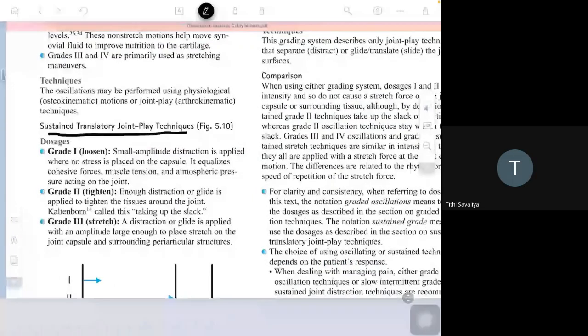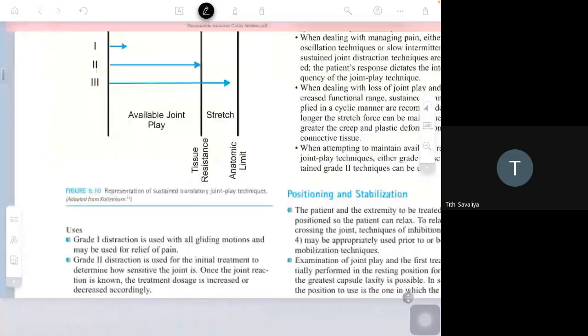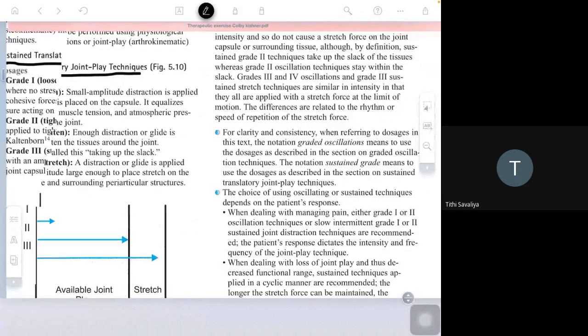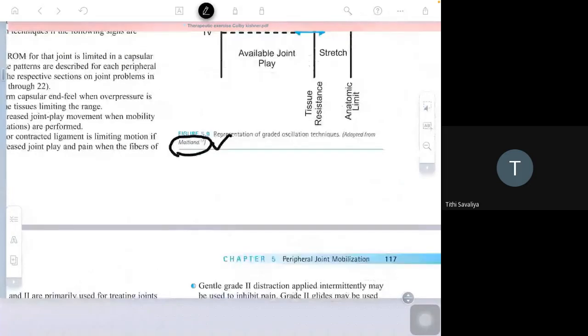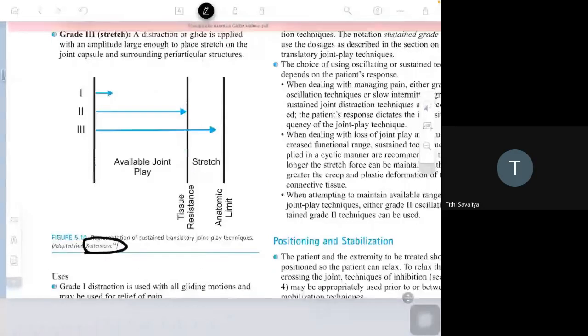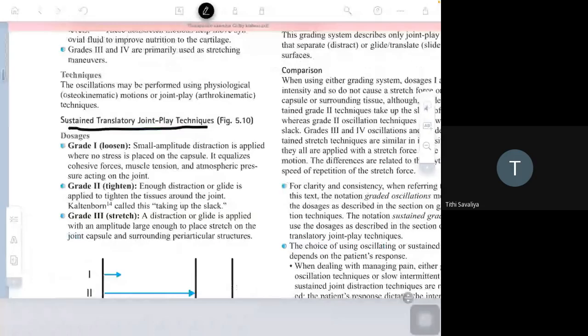Other name for sustained translatory joint play technique is Carlton bond technique. So it is adapted from Carlton bond, and the other is adapted from Maitland.